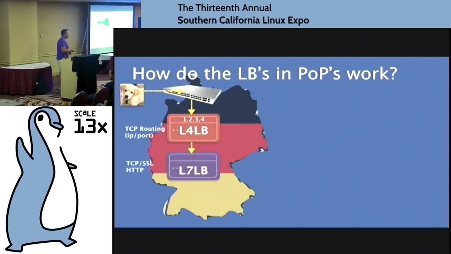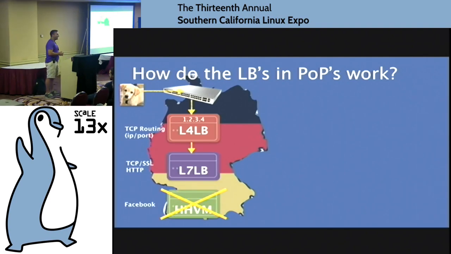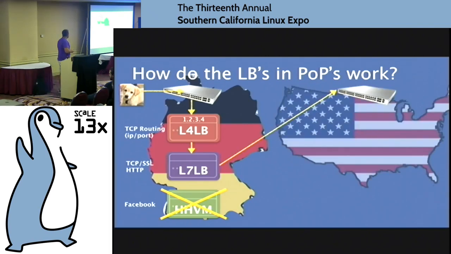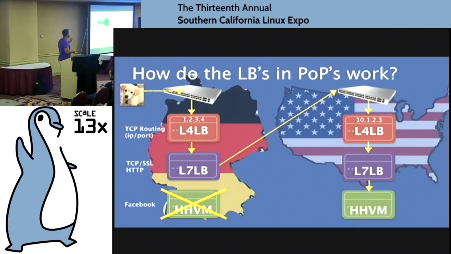Then it gets consistently hashed to one of our L7 proxies, so TCP and SSL happen in the POP. The only difference between the POP and the data centers is we don't have the big web servers that are serving the dynamic content. So that connection gets proxied back on an optimized TCP HTTPS session to our data center. It goes through the exact same thing. The load balancing in the POPs is the exact same as the data center minus HHVM.